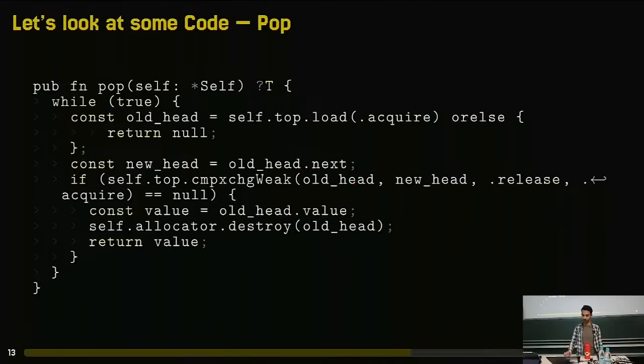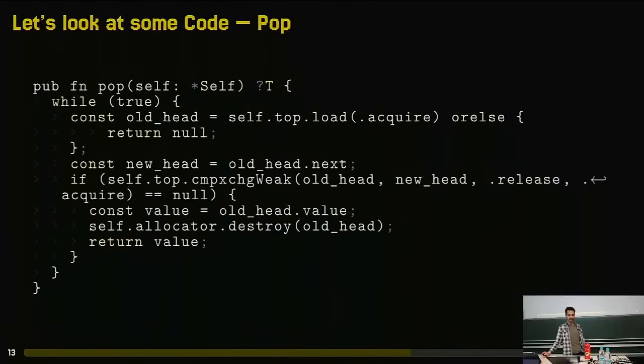If this is true, then we exit the loop down here after deallocating the old head. But if it's false, then we just rerun the whole loop again and try another time. Remember, optimistic concurrency.